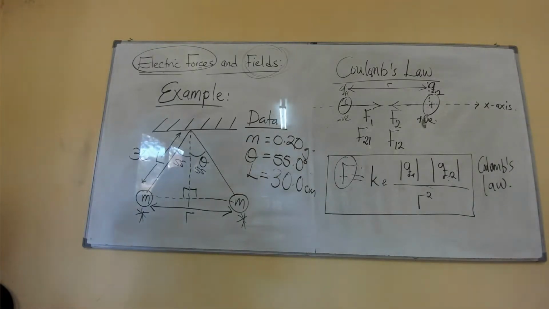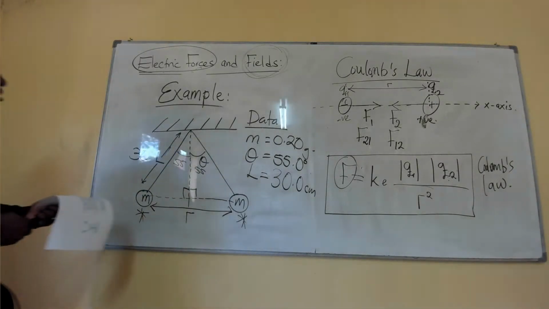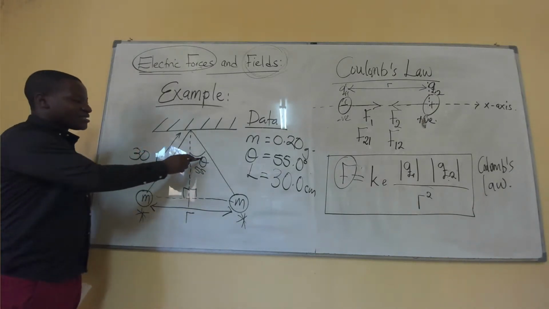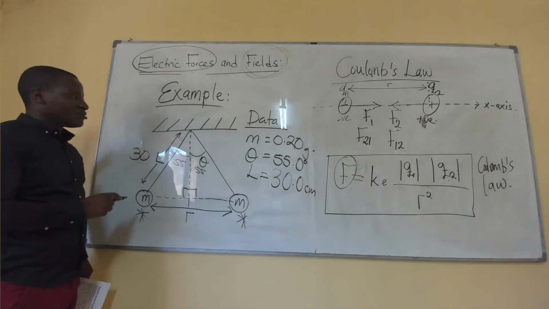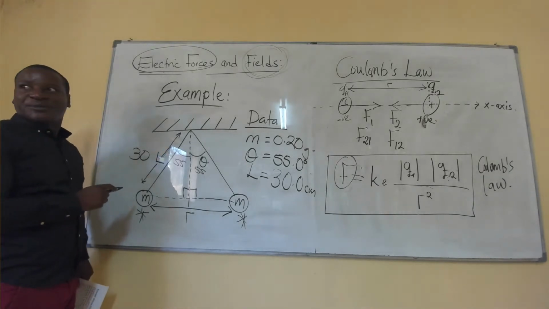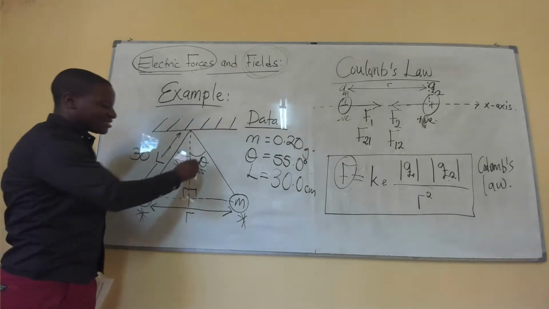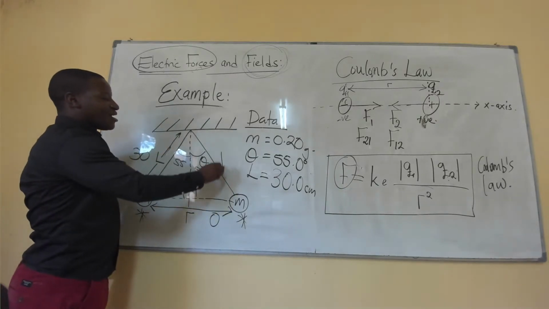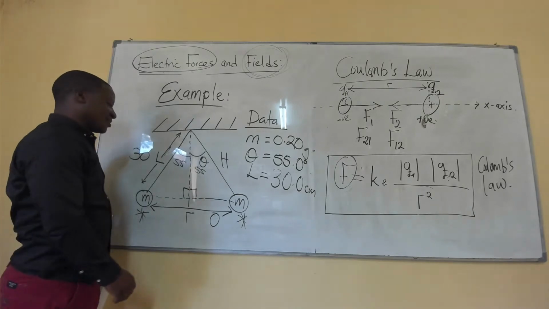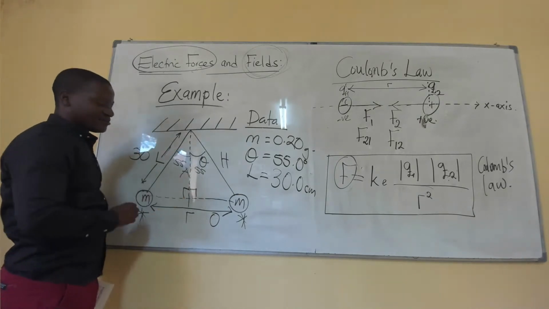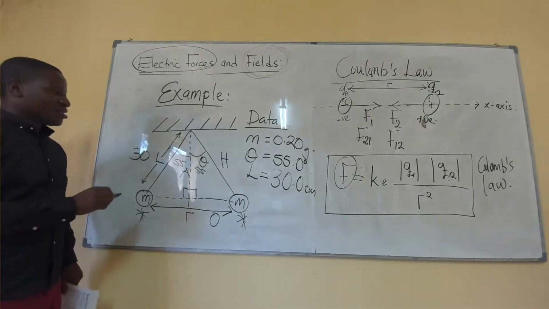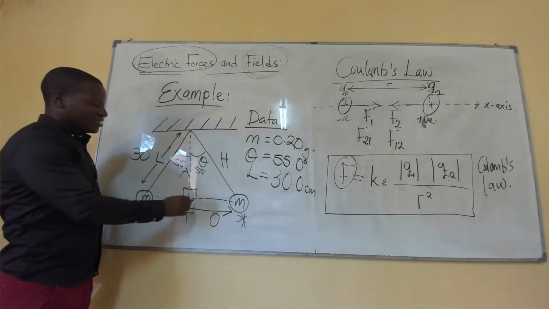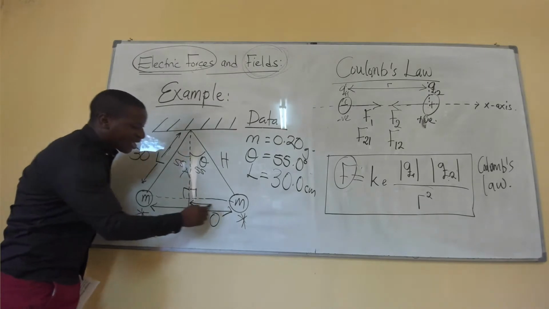So I'll give you the principle on how to go about this, which is very important. So since we have this, of course, from your trigonometry, this becomes our opposite, this is our hypotenuse, and this is our adjacent. So straight away, you use the so-called SOHCAHTOA to find this distance from here up to here.